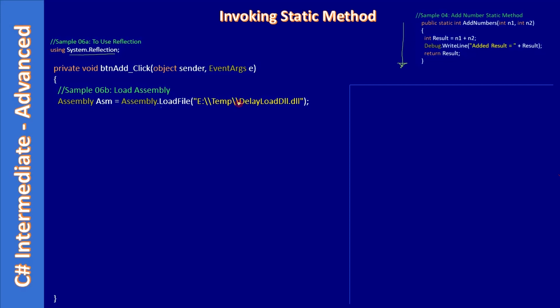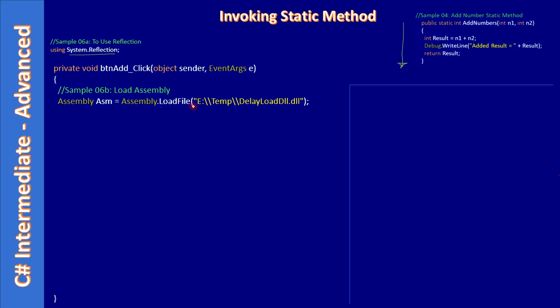That means when we build the project, it will deliver the DLL to some location, and we are copying that to the E drive temp. So in E temp we will be having only the DLL, and that DLL contains the class, and that class exposes functionality in terms of methods.